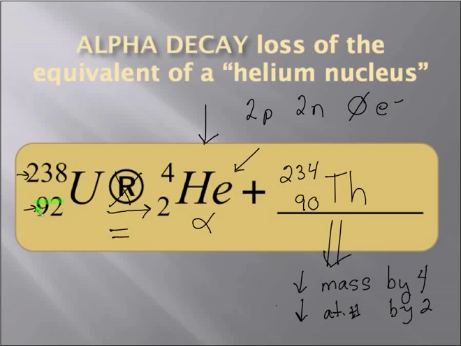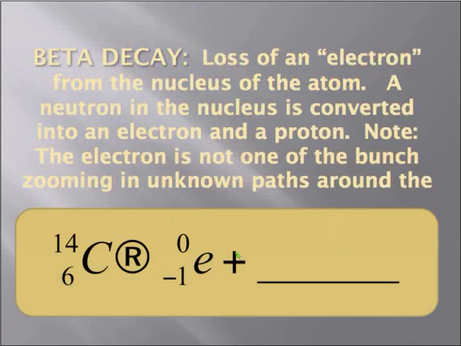Notice, change in the atomic number here means that we have a change in the identity of the element. It is no longer uranium. It's a brand new substance. And this would continue until stability would be reached, which could be tens of thousands of years.